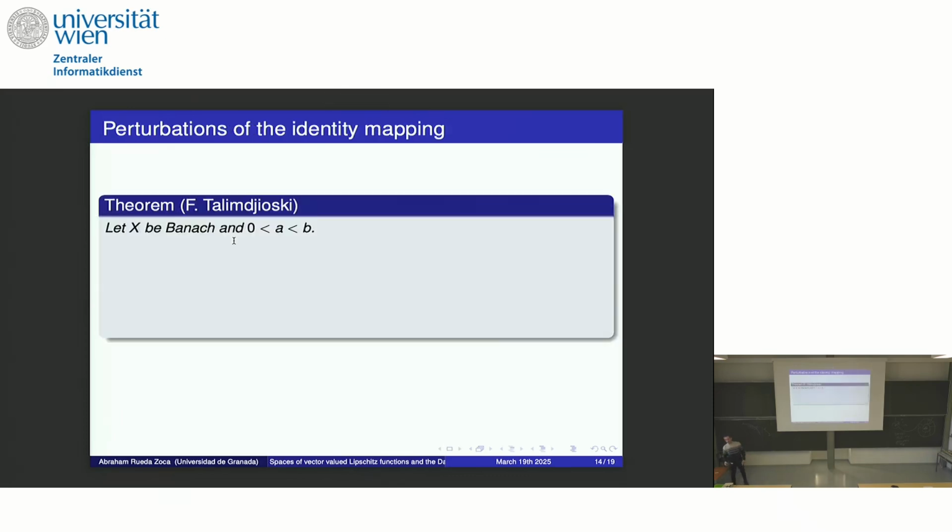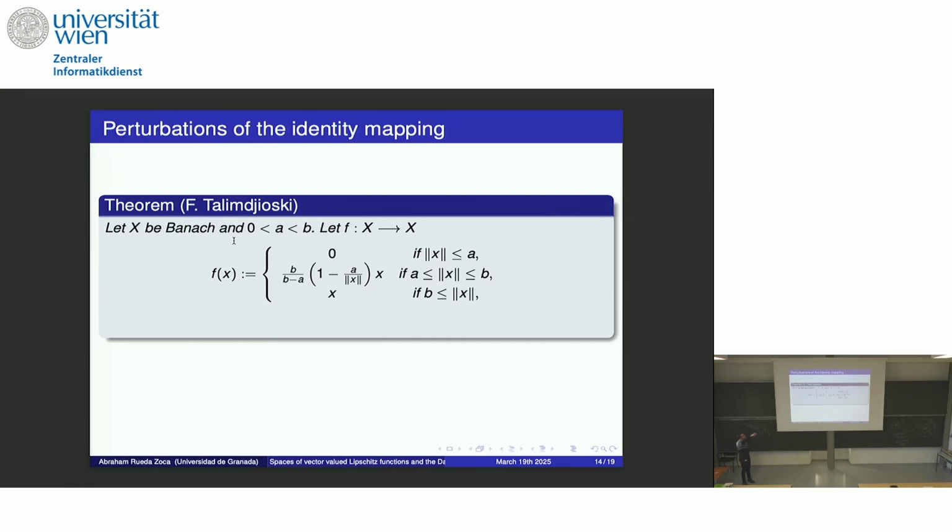That is where we recalled a result of Filip Talimdjioski, which appeared in his PhD thesis, which says the following. Given two positive numbers a and b, you can construct a function which is 0 on the ball centered at 0 of radius a, which is the identity out of the ball centered at 0 of radius b.